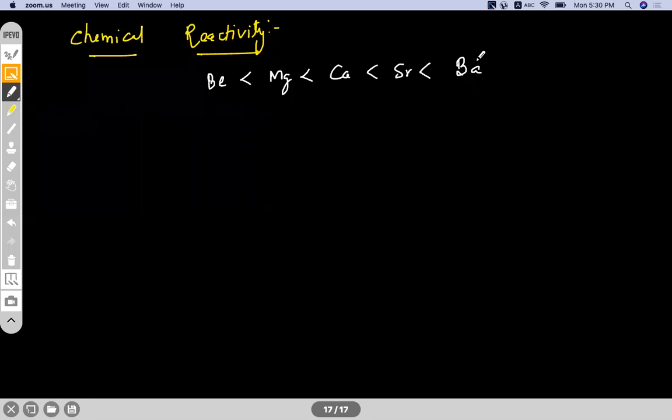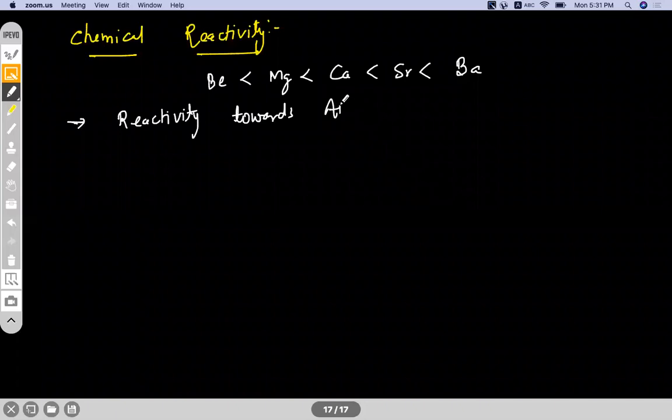Again, like I said at the end of the last class, the first element of all the groups will have some abnormal properties, abnormal behavior, and that is true and valid here also. Beryllium will have some abnormal properties here. First reaction we are going to see here is reactivity towards air.